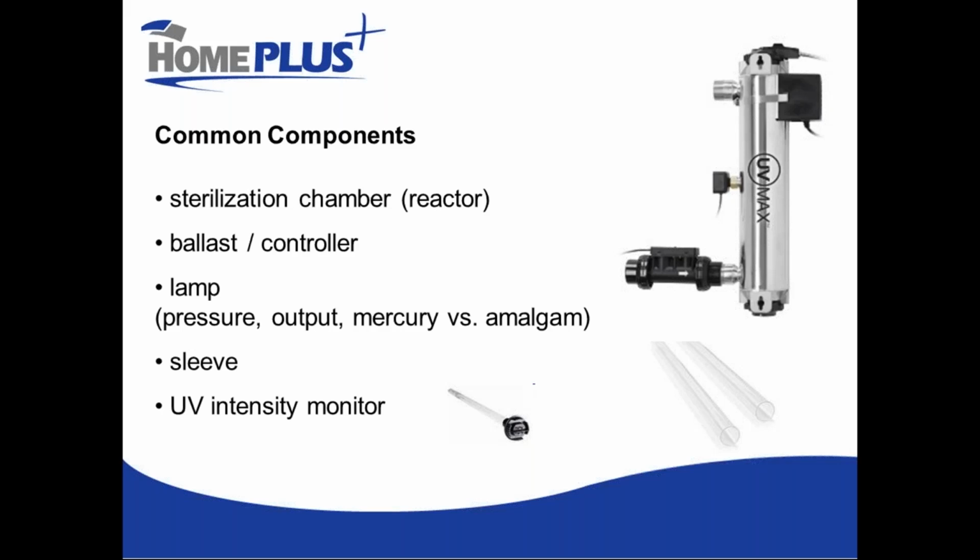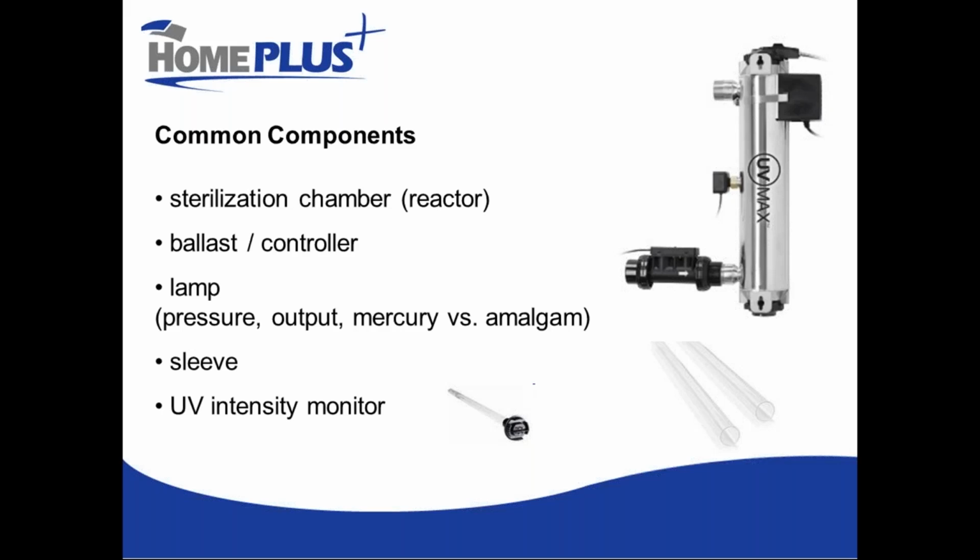There are a couple of products on the market where the reverse is true. The water flows through the sleeve and the light shines into the sleeve from the outside, so the reverse direction. Both of them have merits. Both of them really suffer from the same problem, which is sleeve fouling.